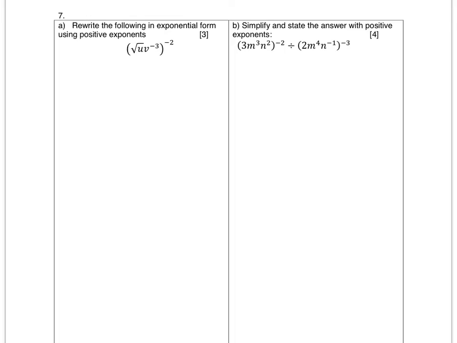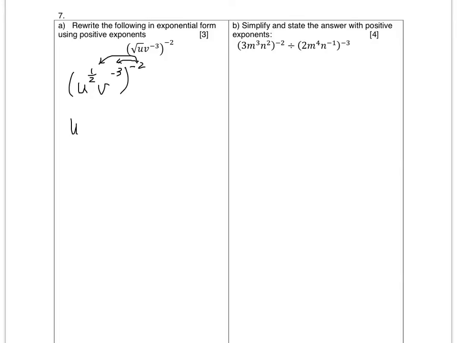The next one, we are supposed to write the following in exponential form using positive exponents. So the first one, I can write as u exponent 1/2 times v exponent -3, the whole thing exponent -2. I'm going to distribute -2 inside the bracket.